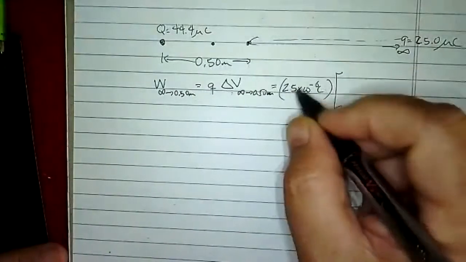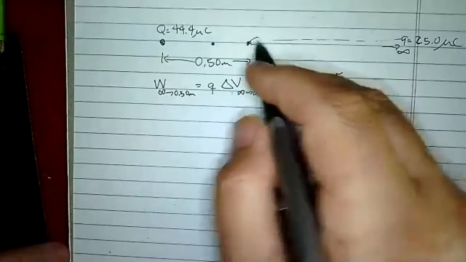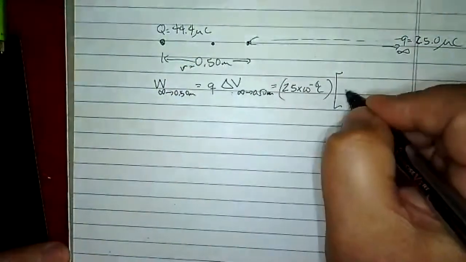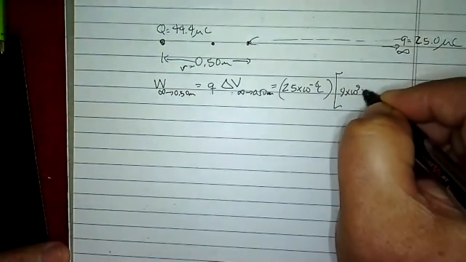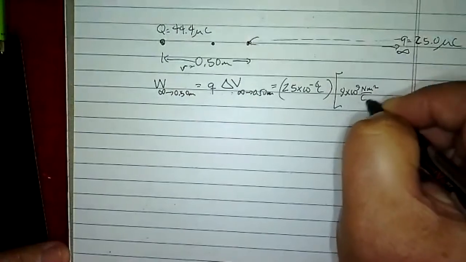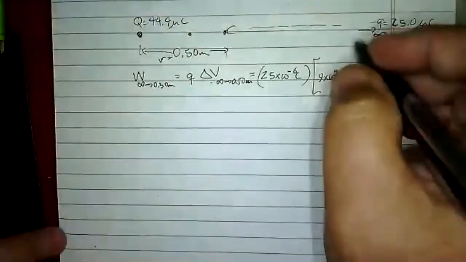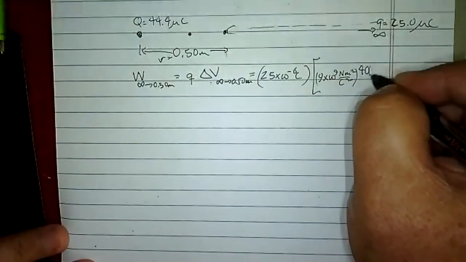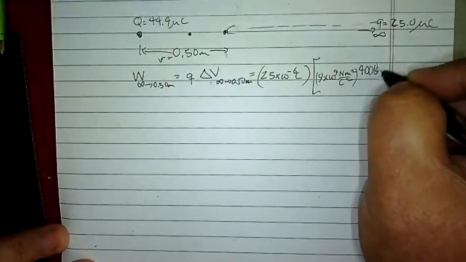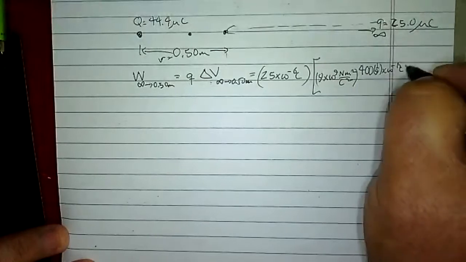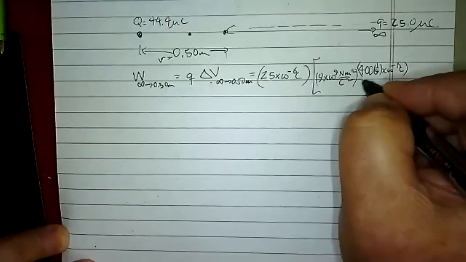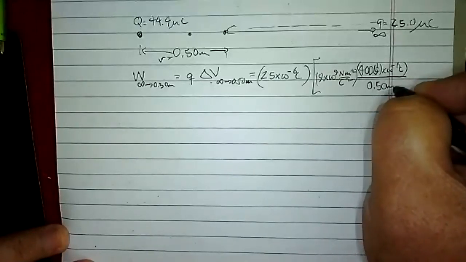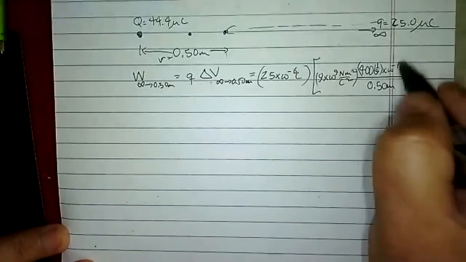So the voltage at the final point, which is right here, R, is equal to the charge that caused it times K. So it'd be 9 times 10 to the 9th Newton meters squared per coulomb squared times the charge, which is 400 times 1/9 times 10 to the negative 6 coulombs. Remember, we decided that's what 4.44 was. And then all of that will be divided by 0.50 meters, minus the voltage at infinity.